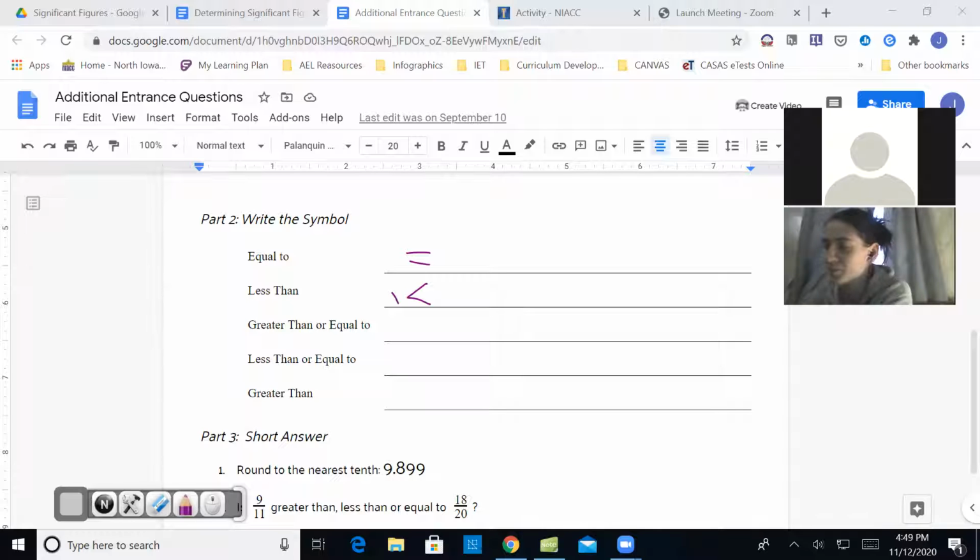So x would be less than some other number. Greater than or equal to. We're going to flip the sign and put a line underneath. Less than or equal to. It's kind of like the less than above with that one line. And last but not least, greater than.